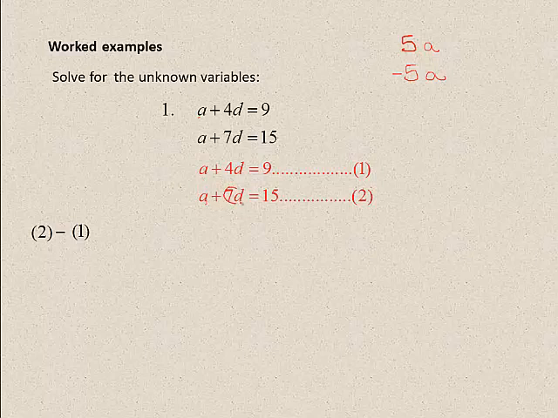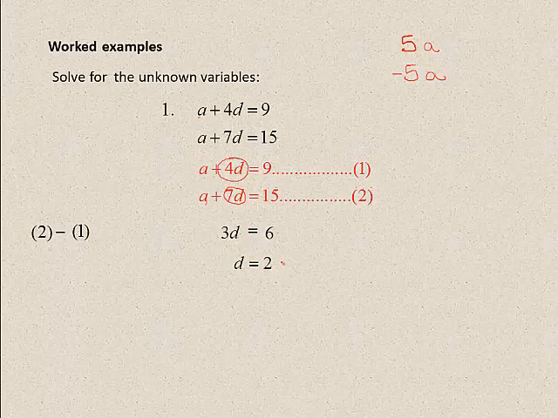What about 7d minus 4d? 7d minus 4d is equal to 3d. I bring down my equal to sign. If I'm subtracting the two equations, it becomes 15 minus 9, and 15 minus 9 is equal to 6. And now, guys, it becomes easy because d is equal to 6 divided by 3, which is equal to 2.